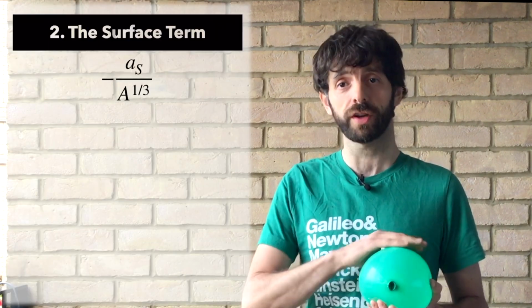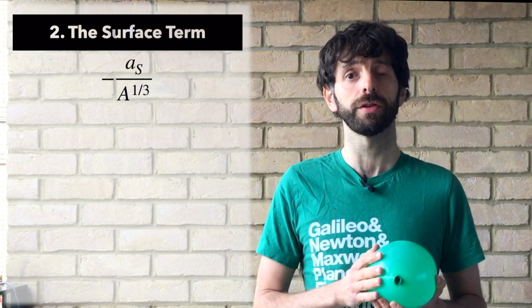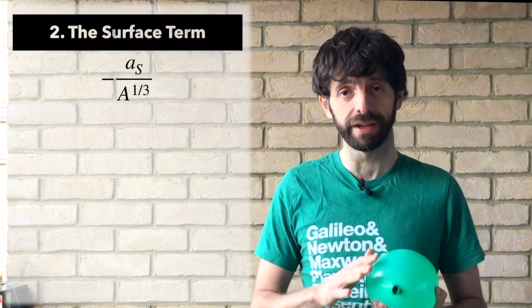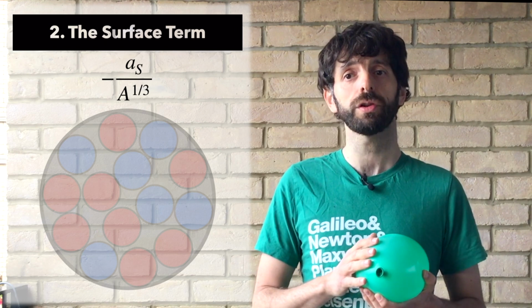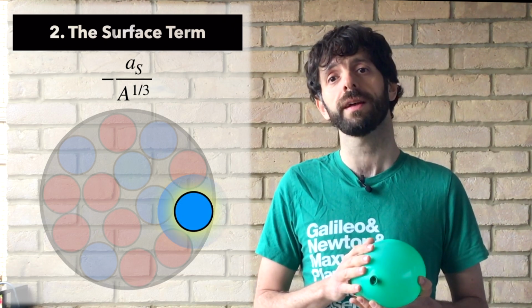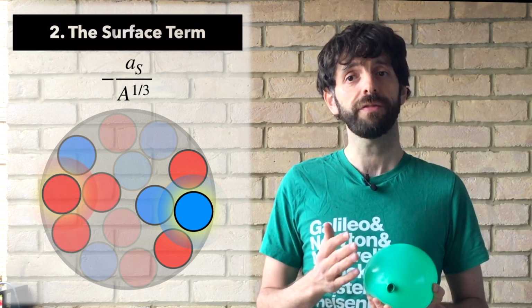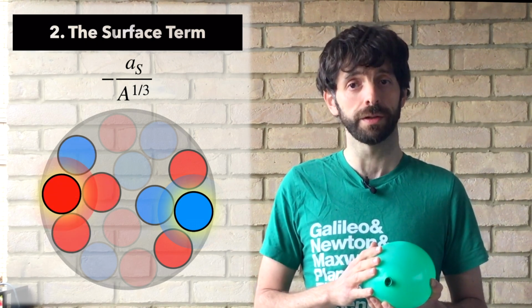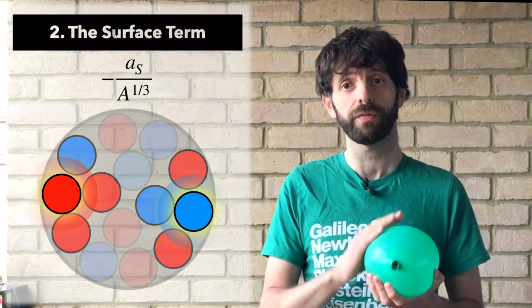The second term in the liquid drop formula is the surface term. Unlike the volume term, it has a minus sign in front, so its effect is to decrease the binding energy. This term comes about because a neutron or proton close to the surface interacts with fewer particles than one at the interior. This effect is also known as surface tension and allows both nuclei and liquid drops to have a sharp surface.